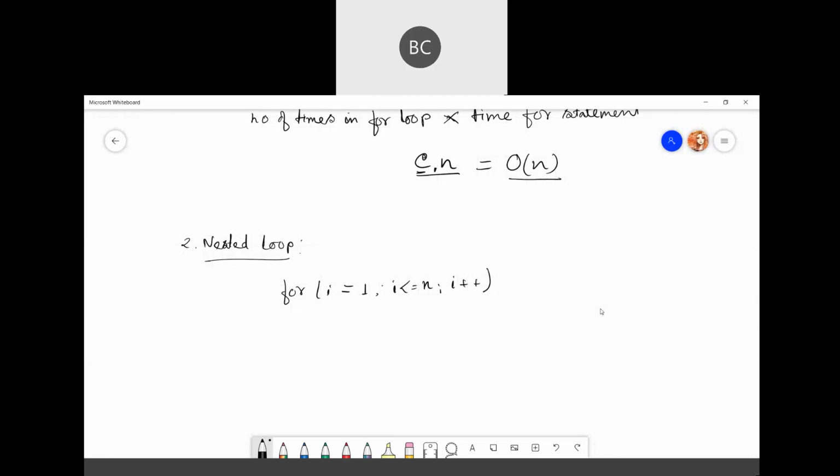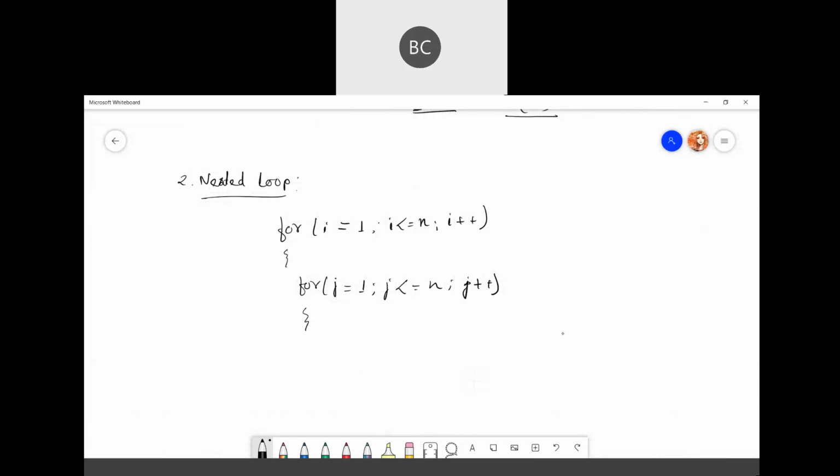Mostly we use nested loop for two-dimensional arrays. So this is the basic structure. Right? Let's write a set.